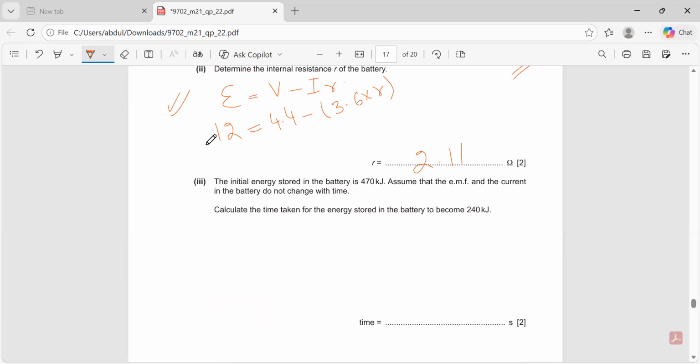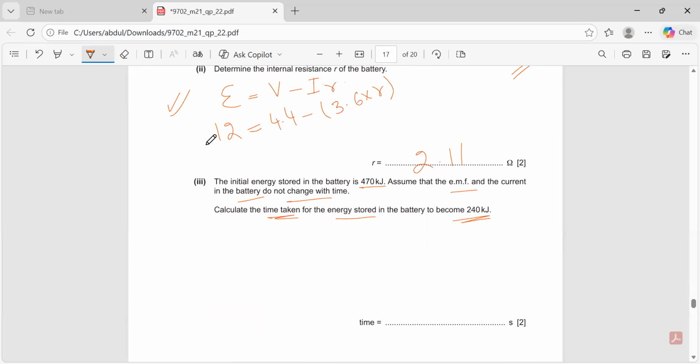Now the next question: the initial energy stored in the battery is 470 kilojoules. Assume that the EMF and the current in the battery do not change with time. Calculate the time taken for the energy stored in the battery to become 240 kilojoules. The energy in the battery is being used up, so it will be reduced with time.